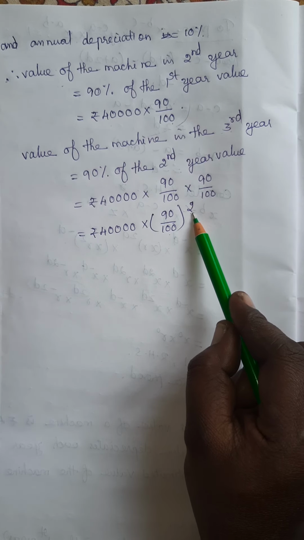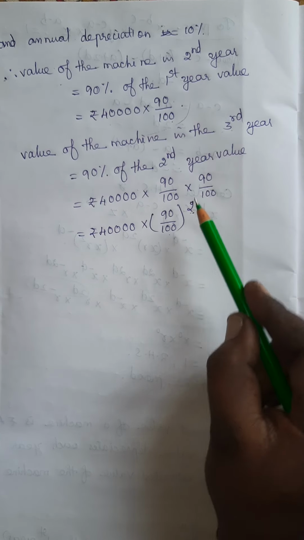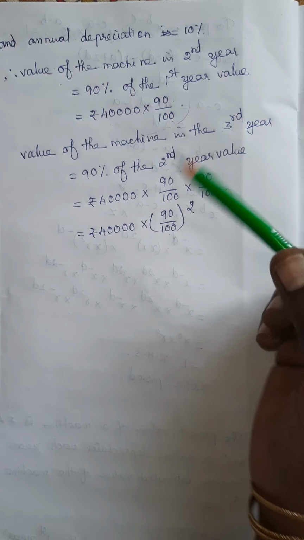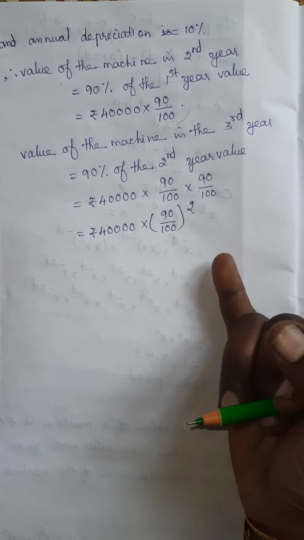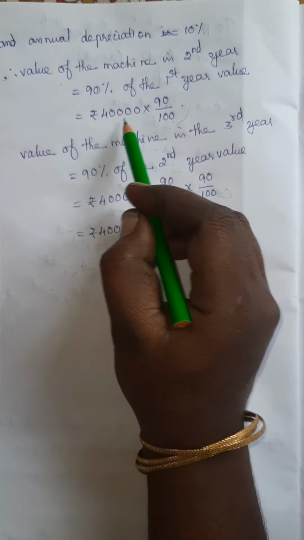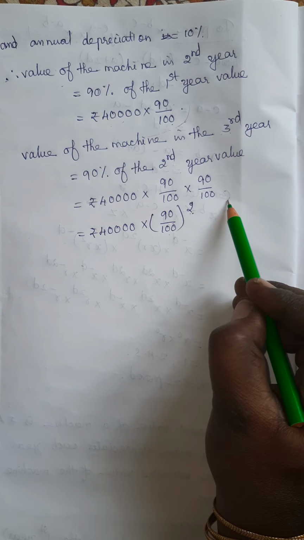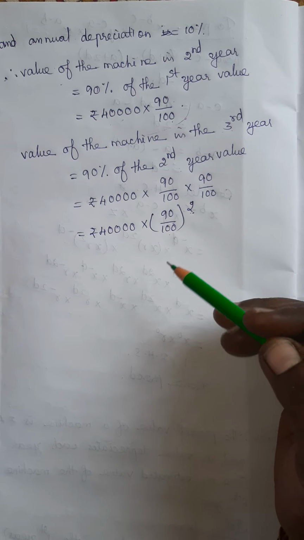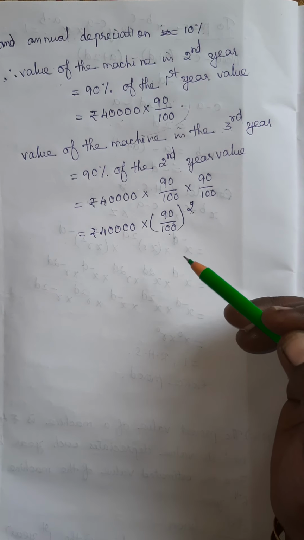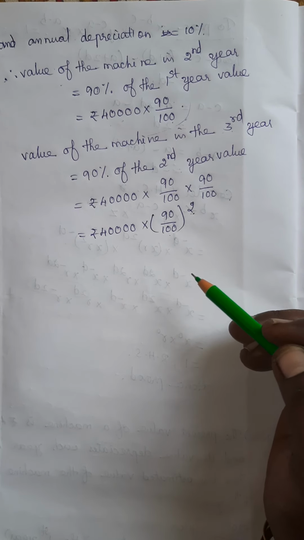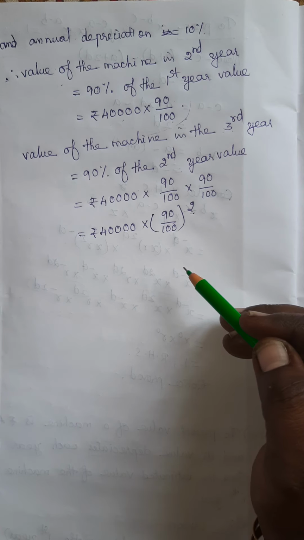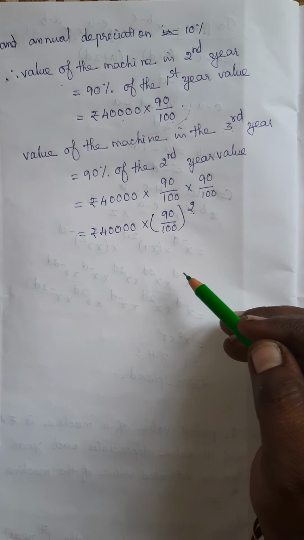We can do the normal method, but we have to use the geometric progression. Anyway, 90 by 100 is multiplying with each term, the previous term. So these values are in GP and we can use the GP formula.